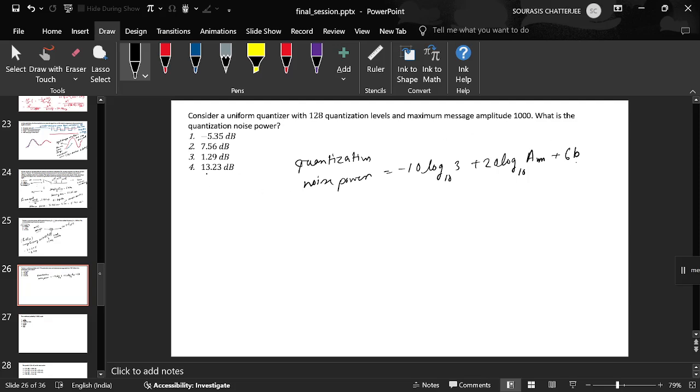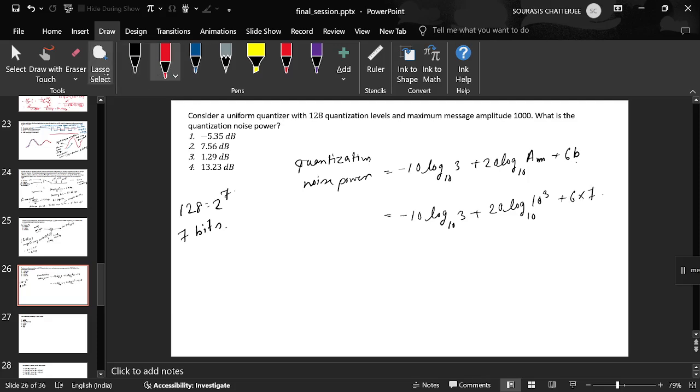So you have 128 quantization levels, so 128 is equal to 2 to the power 7. So basically we need 7 bits, and the maximum message amplitude is 1000. So let us just put the values: 10 log base 10 3 plus 20 log base 10 of 10 to the power 3 plus 6 times 7.